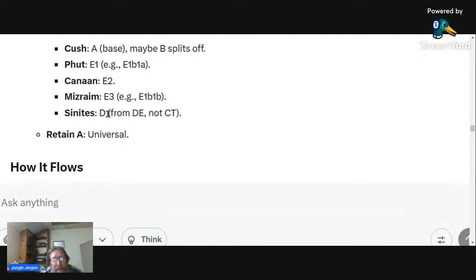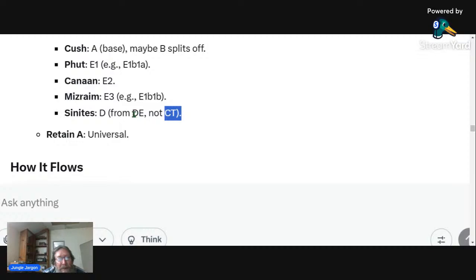Sinites D from DE, not CT. So Sinites are compatible with Canaan because Sinites are a Canaanite tribe. They're compatible with Canaan, but not the Cush lineage, not Nimrod's lineage, not a CT.